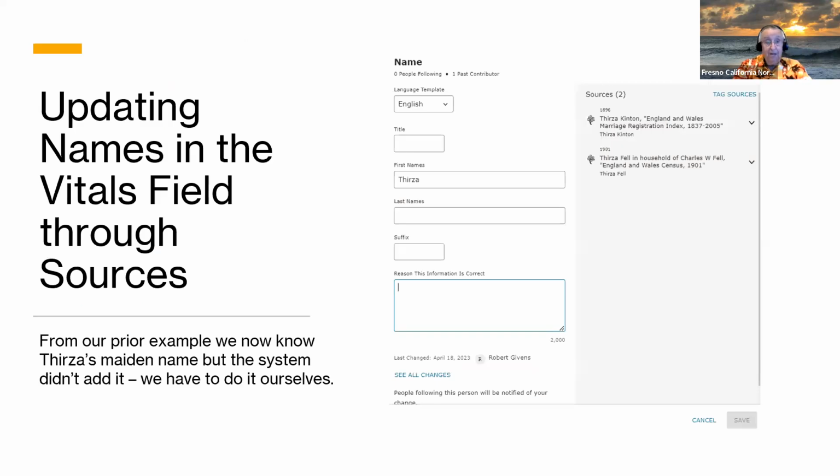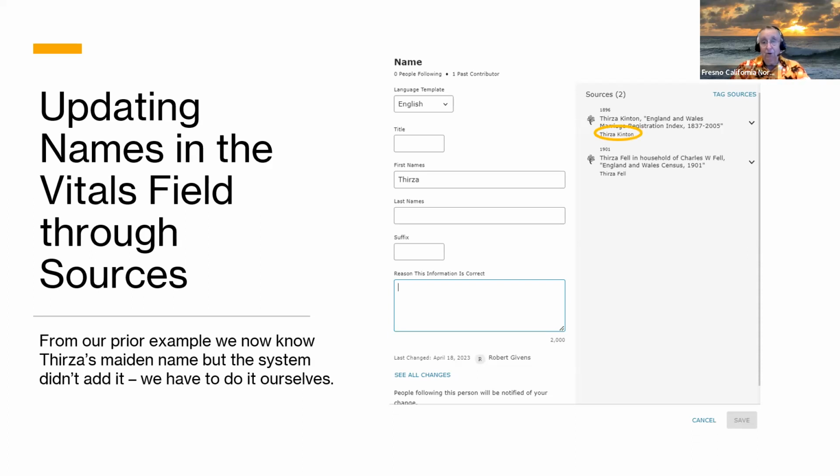So doing the actual updates in these cases, go to the person's page, and it'll be easier than you think now, because now we can see the sources that have been tagged for that fact. So when I go to Thirza's record and I click on her name, it now has some sources over there that show her with her last name.